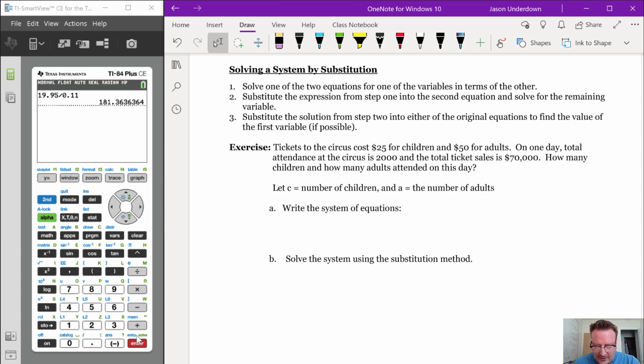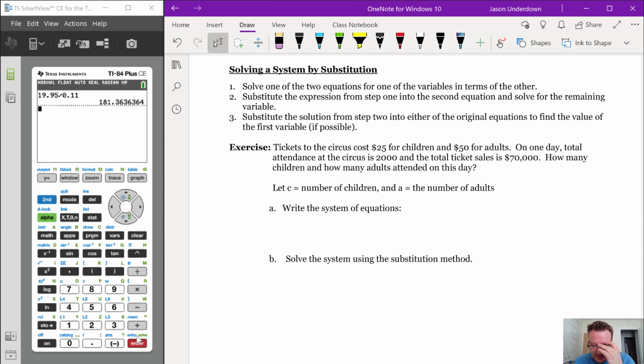So let's see here. What can we glean from this? I see four numbers: $25 for a child's ticket, $50 for an adult ticket, total attendance is 2,000, and total ticket sales is 70,000. Somehow we've got to come up with equations with these four values.